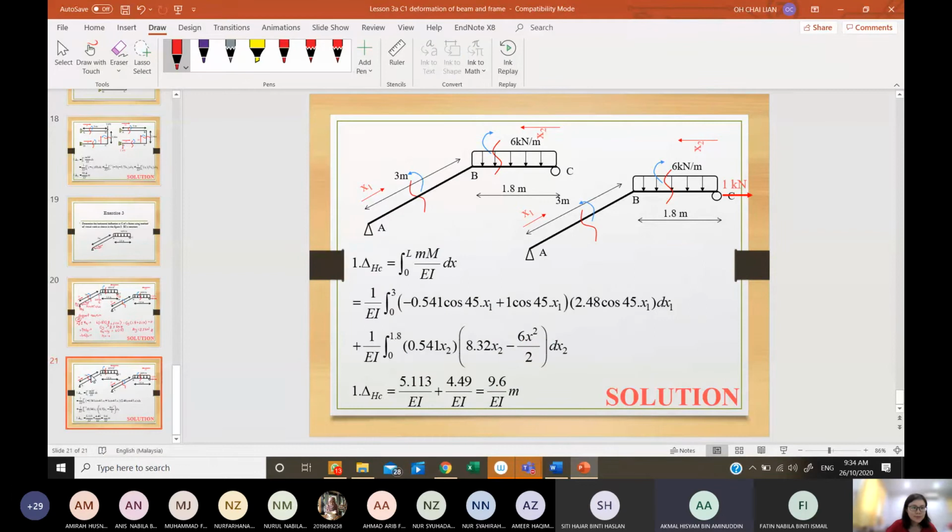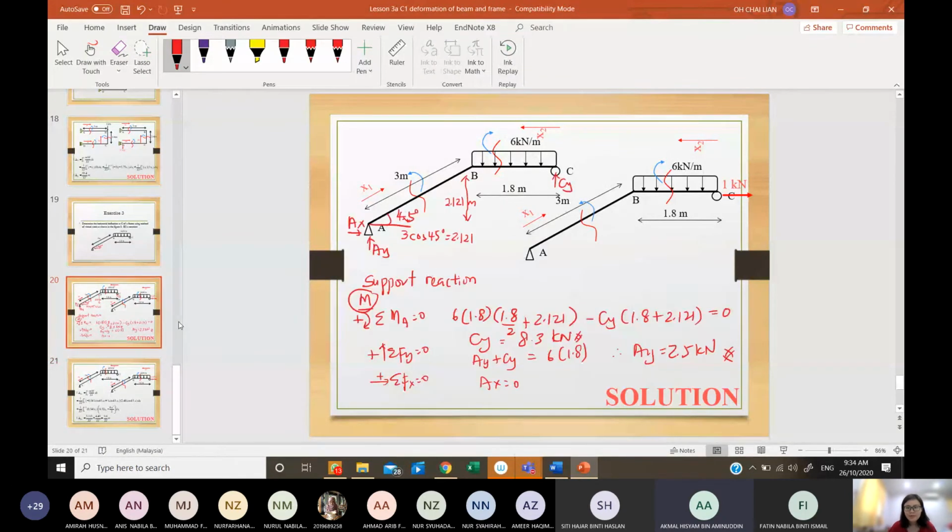Madam, my AY I got negative. Negative? Let me check again. 7.5 minus 8.3. Really? How about the rest?